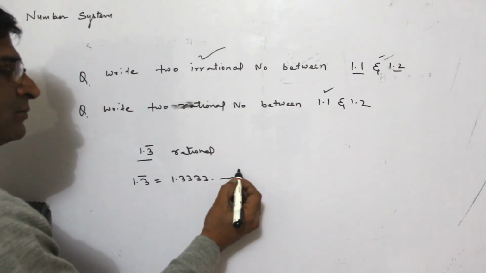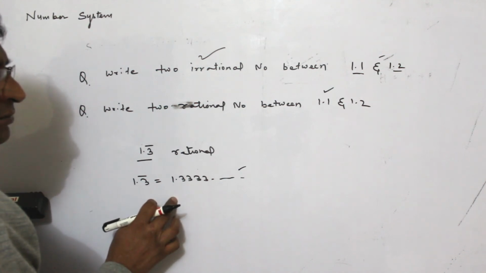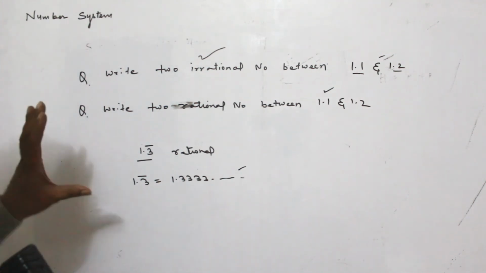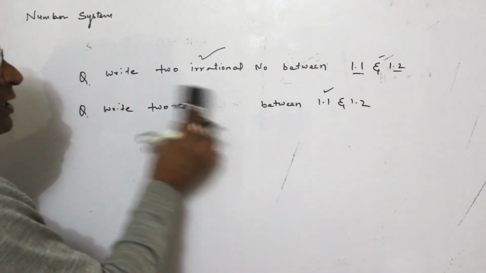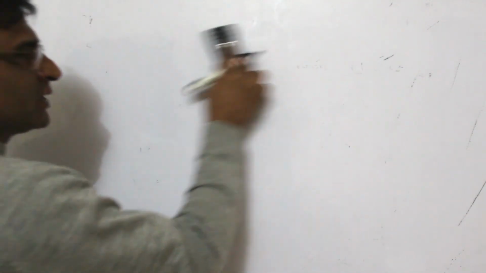So this is a rational number, not an irrational number, right? So you understand the concept of number, and it is a very important part because numbers are very important to understand mathematics.